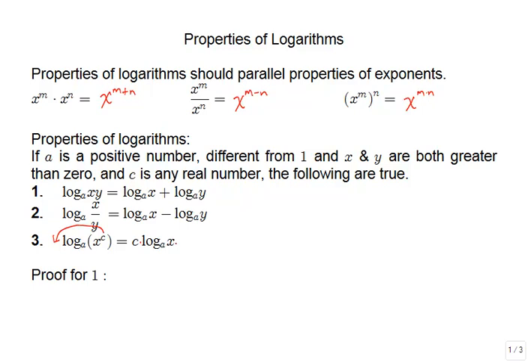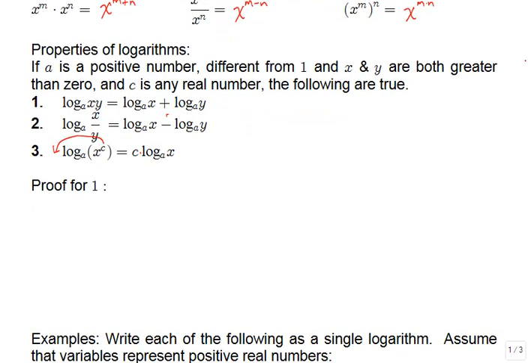Now the proofs for all three of these are very similar, and we're just going to prove the first case here. So what we're going to assume for our proof is we are going to let log base a of x represent capital A, and I am going to call log base a of y capital B. Because of our inverse relationship between logs and exponents, this logarithmic expression right here could be rewritten as a raised to the capital A has to equal x, and this one could be rewritten as a to the capital B has to equal y.